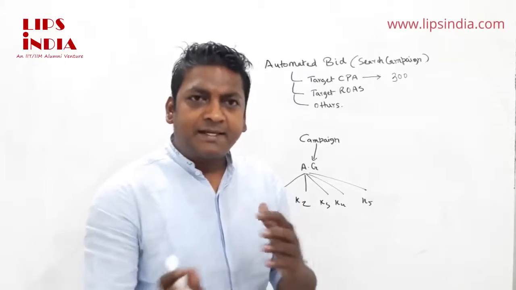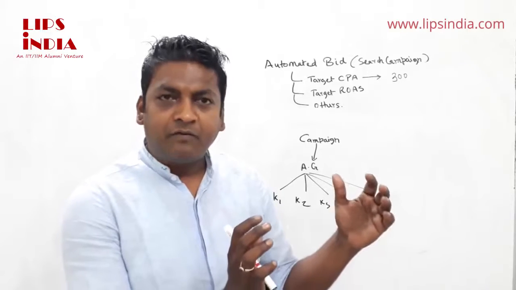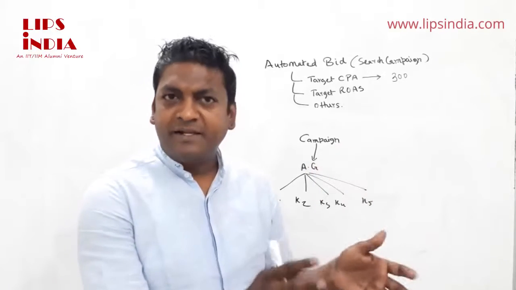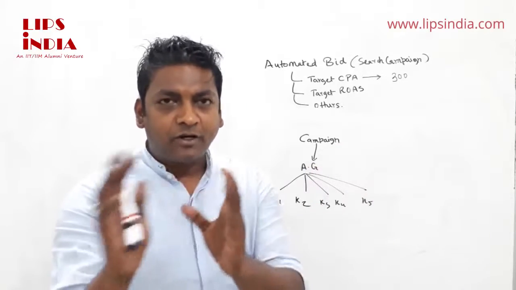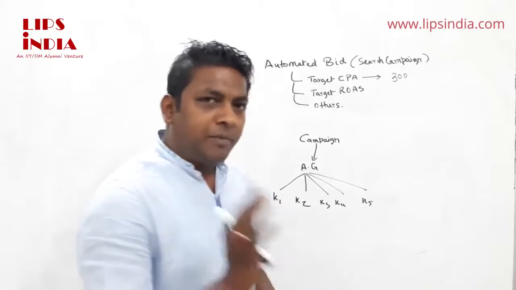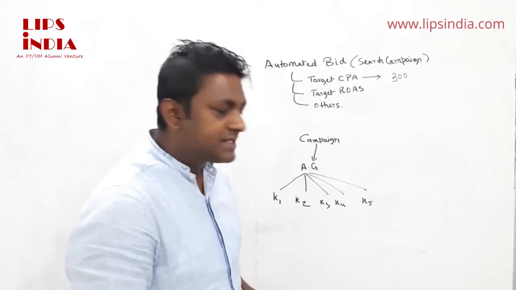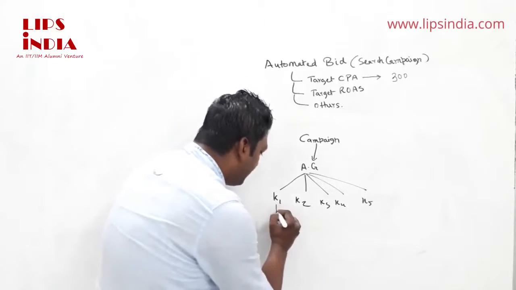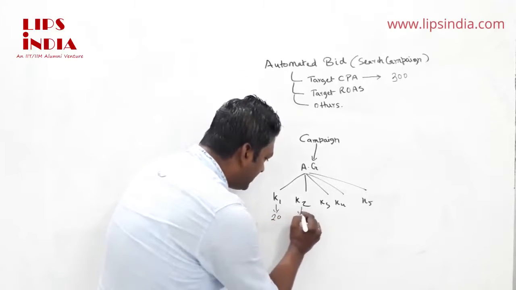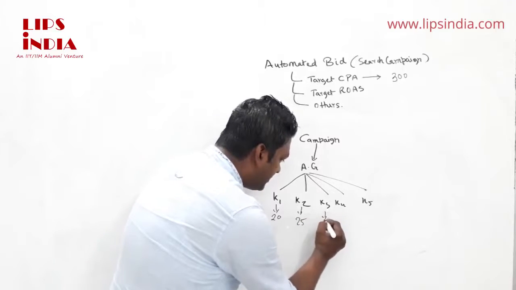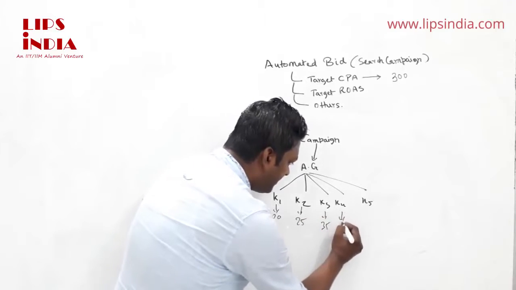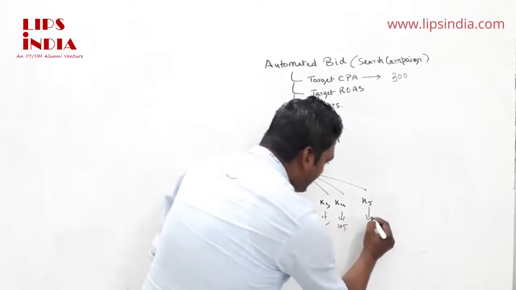So let's compare when you are on a manual bid situation and when you leave it to Google. When you are on a manual bid situation, let's say these are the set of keywords that you've been bidding on yourself, and you might have had different bids. So let's say 20 here, 25 here, 35, 45, and 25.